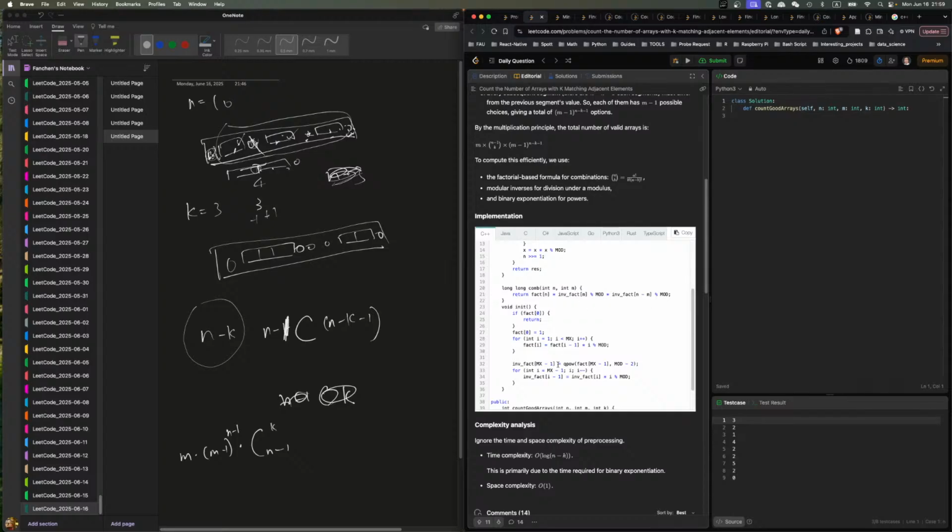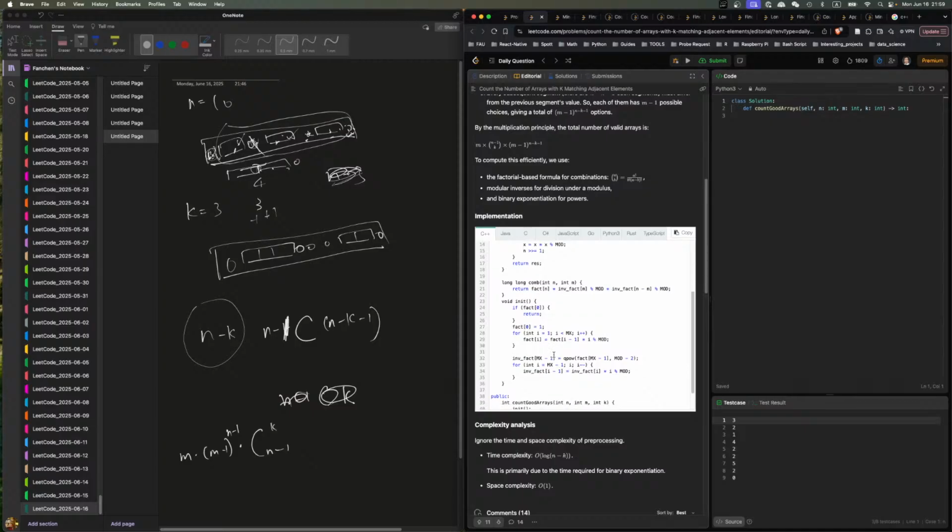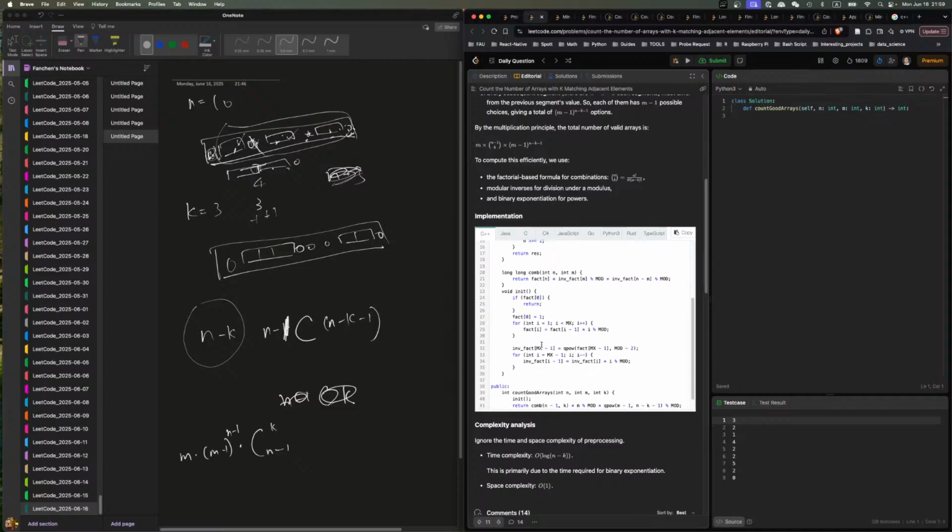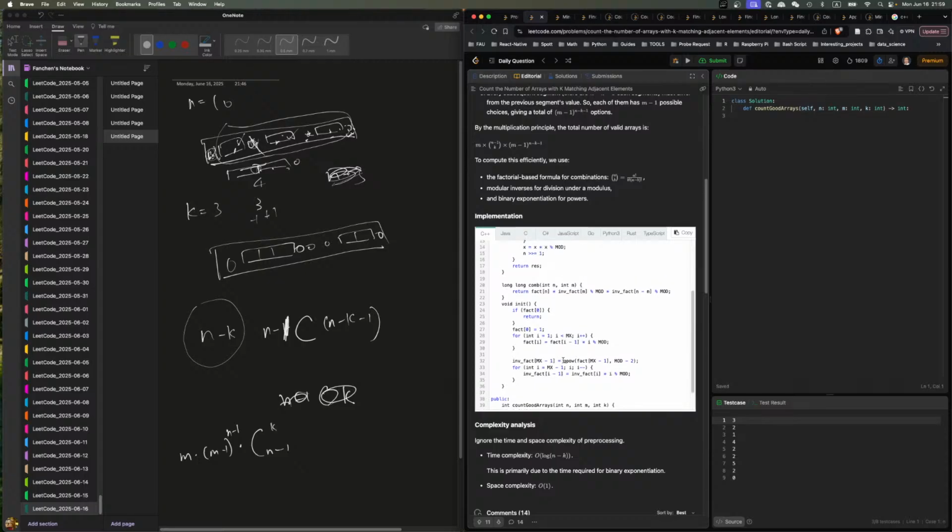How do you get inverse factorial? I forgot. Okay, this is factorial. Inverse factorial. Oh, yes, there is something like that.